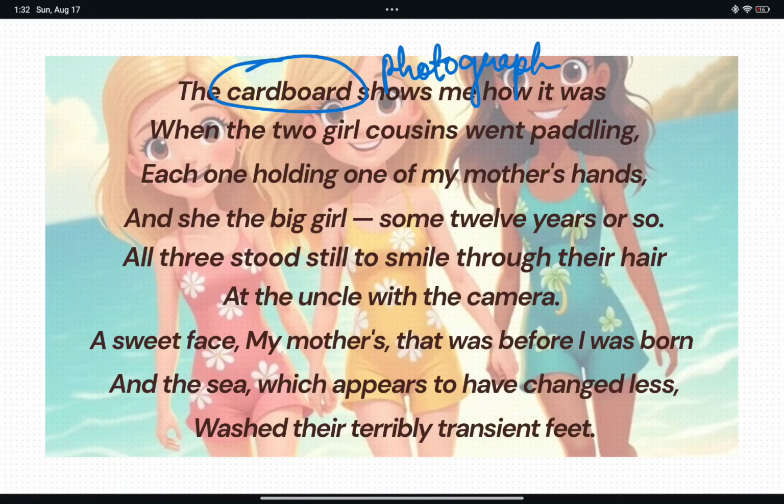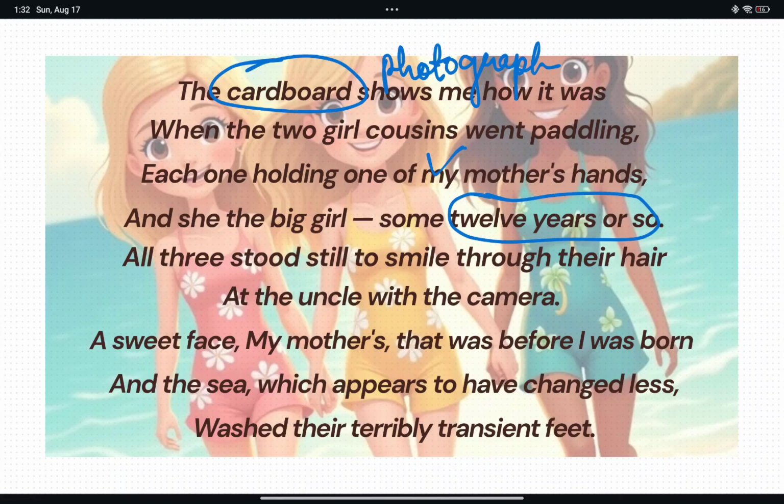So the poet describes that three girls went paddling. Now the girl in the middle, who is about the age of 12, is the poet's mother at the age when she got clicked in this photograph. She says the big girl in the middle was my mother.